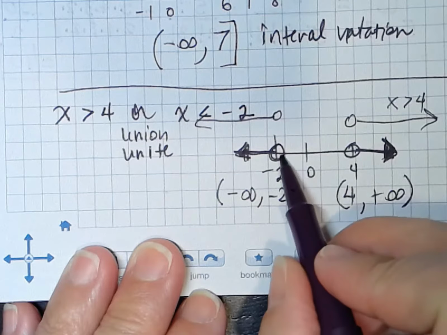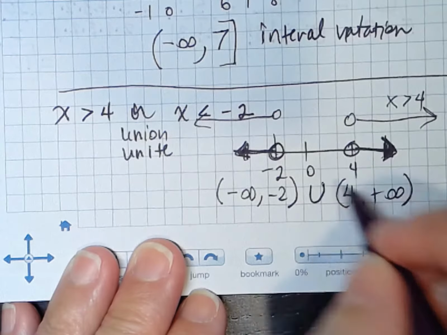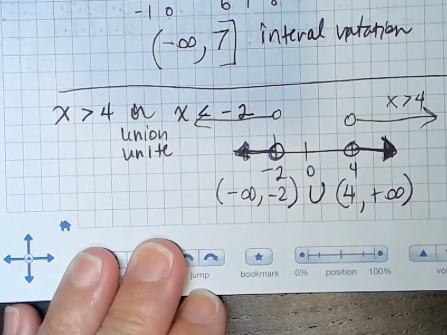Notice that I use parentheses because they're open circles, and then I would unite those 2 pieces together. So here is the answer, the interval notation for x is greater than 4 or x is less than -2. Okay, so this is a compound inequality with or.